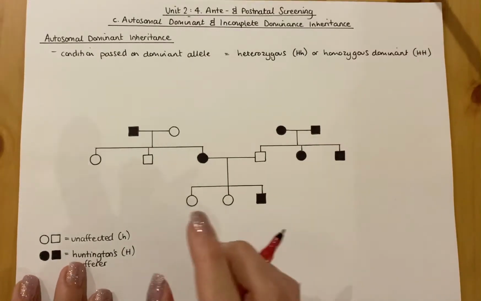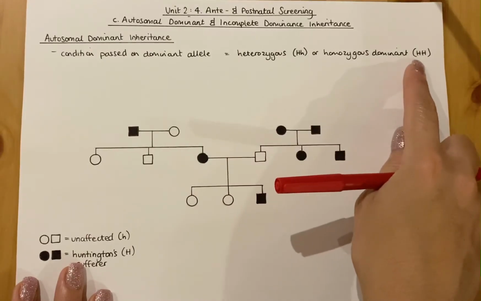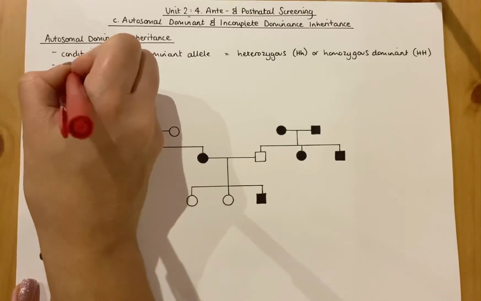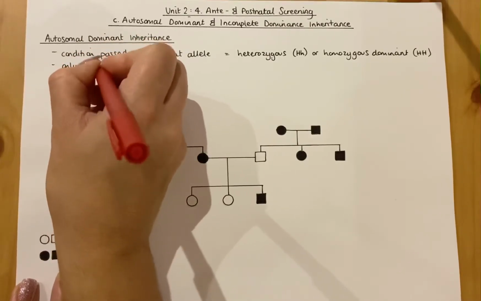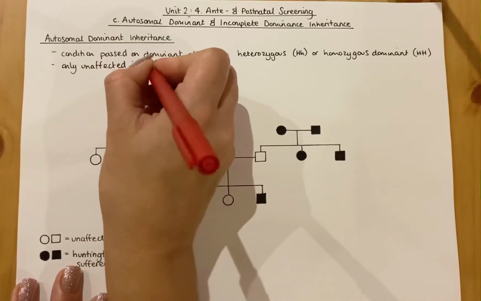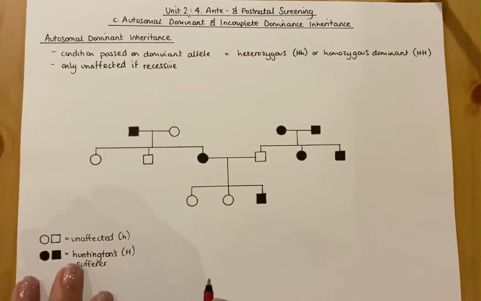So this time, because that condition is passed on the dominant allele, if you are heterozygous or homozygous dominant, you would be affected. You would only be unaffected if you do not possess any of those dominant alleles. So therefore, if you're recessive, okay, if you have two recessive alleles.